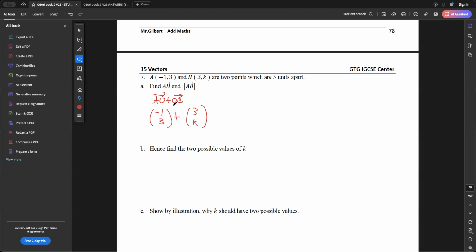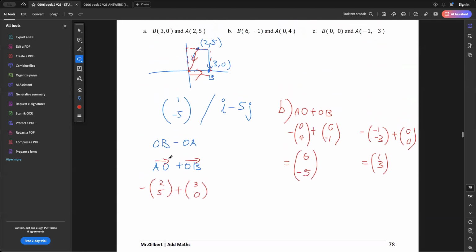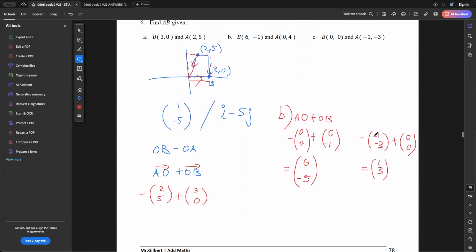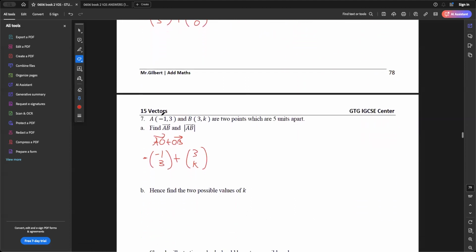A to O. This one must add negative. Look, it's the same like earlier. Everything must add negative. AO, AO, AO. Okay? So this will be this already, which you can simplify. 1 plus 3, 4, and 3 plus K. Okay, this is A to B. Negative 3 plus K, sorry.